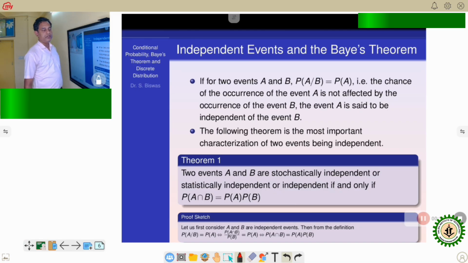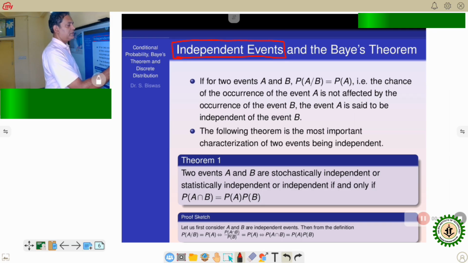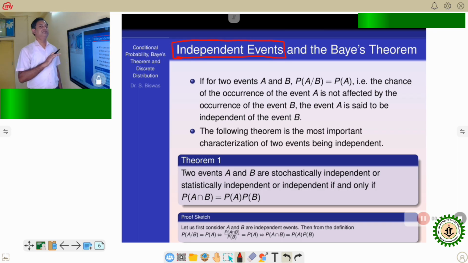Okay. Now next, we come to an important aspect of probability which we call independent events. Now, what does independent event say? If for any two events A and B, probability of A by B is equal to P(A). That means the probability of the occurrence of event A does not depend upon the occurrence of B, as was the case in conditional probability.